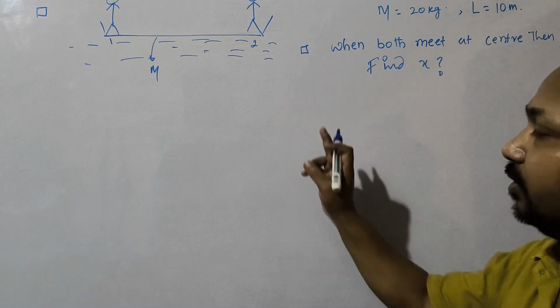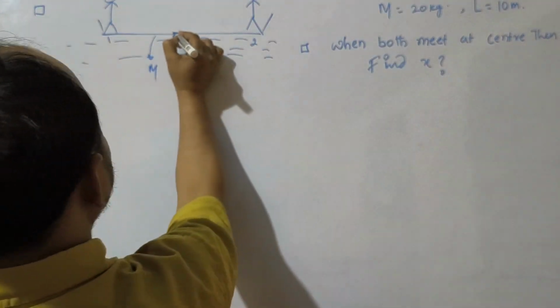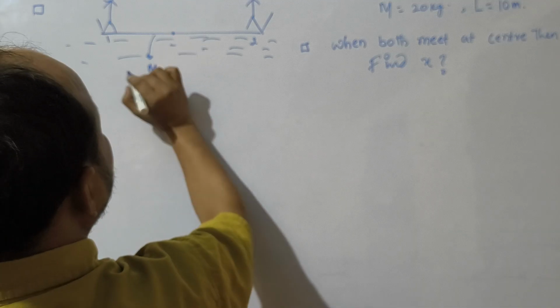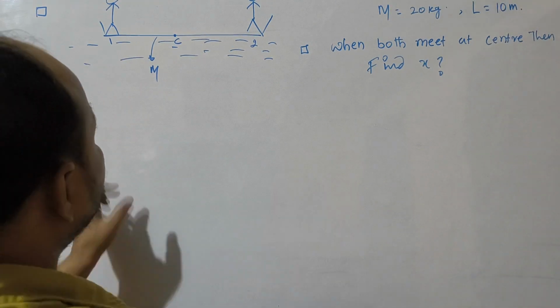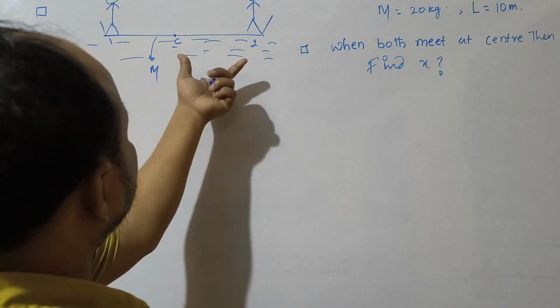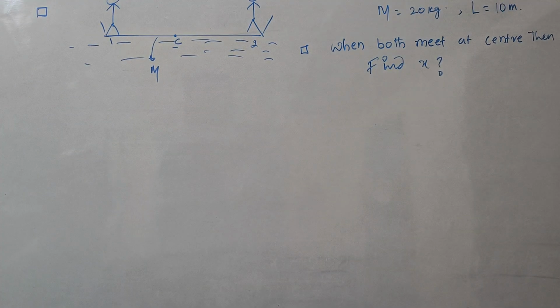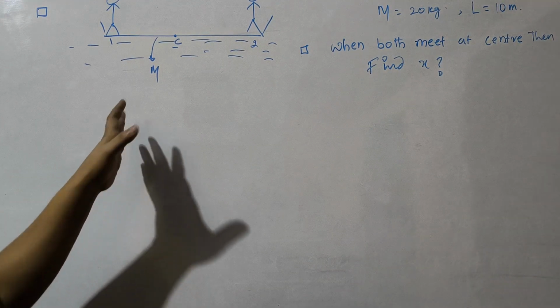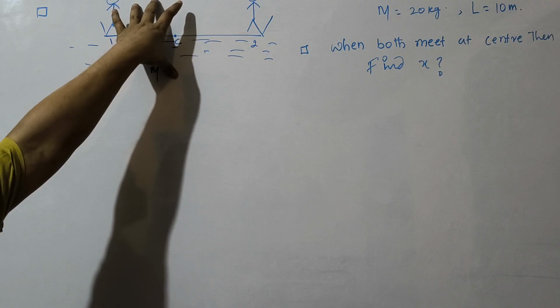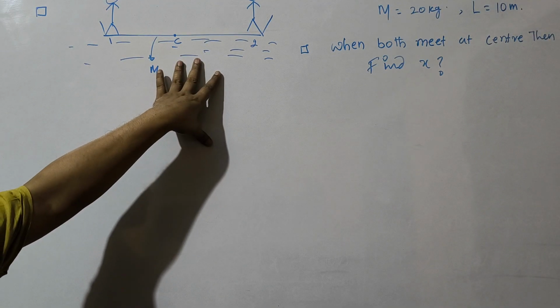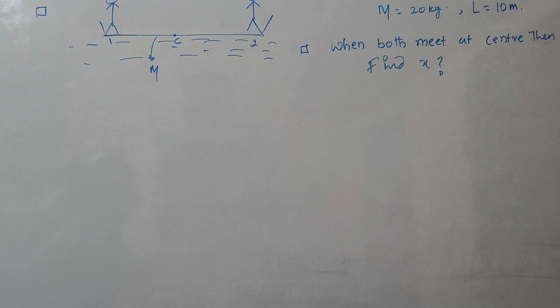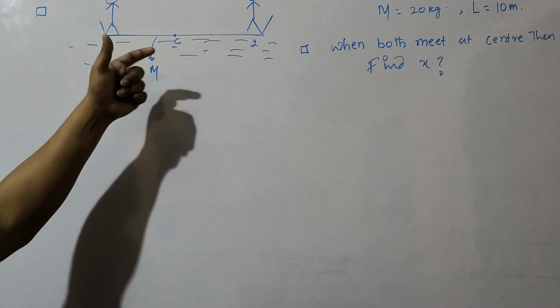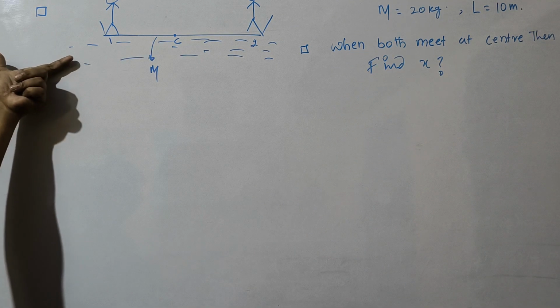If they meet at, let's say this is the center C, the total length is 10 meters, so this length will be 5 and this length will also be 5. Again, the same funda we have to apply. Since the net force is 0 and the center of mass is still at rest, VCM is also 0. So let the boat have shifted by x.